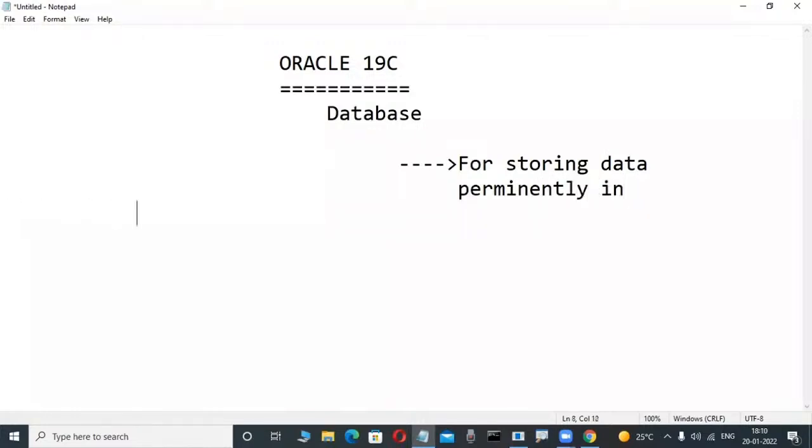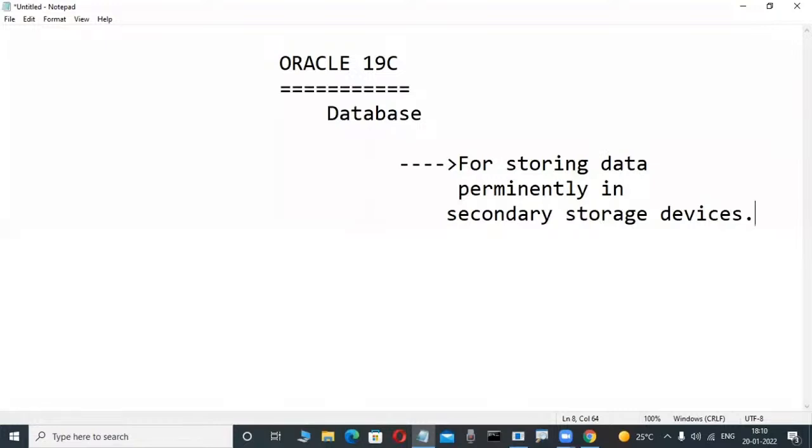Secondary storage devices means maybe hard disk. Suppose today we store data, then 5 years, 10 years, 20 years, 100 years after, your data is still available.